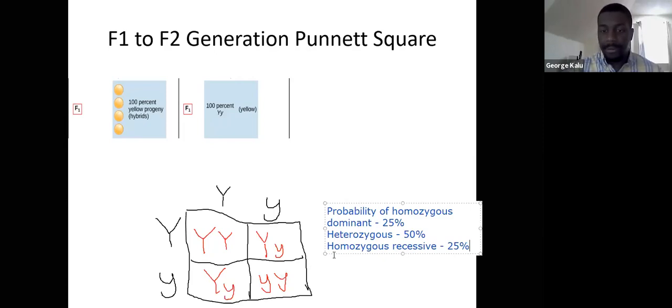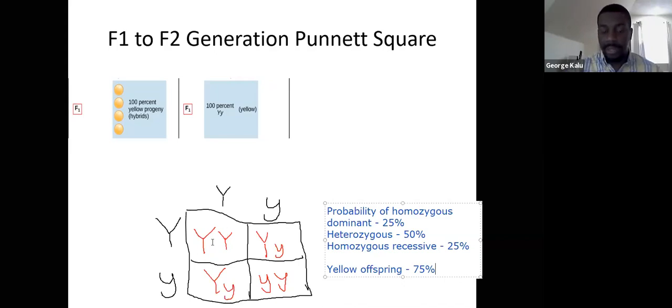The next thing we want to do is analyze the phenotypes. What is the probability of having yellow offspring? Right, 75%, because we have 1, 2, 3 boxes that all have the dominant yellow allele.